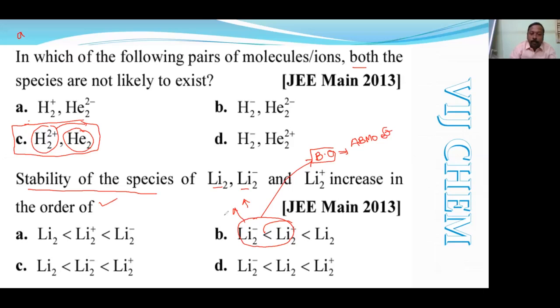So answer will be B option. Okay. So this principle for comparison must be used only when bond order is same. Once bond order is same, then you compare the number of anti-bonding electrons. Whichever species has more anti-bonding electrons will have less stability. Okay. So B option. What is the answer? Answer to this question is B option.